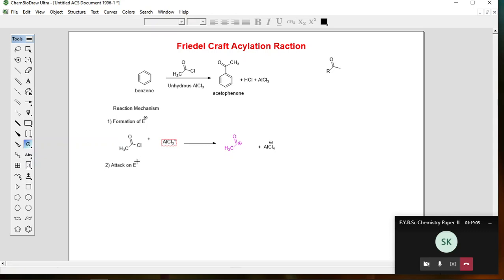The second step is attack on the electrophile. A benzene ring is your nucleophile, and the reaction of this ring with this electrophile takes place.